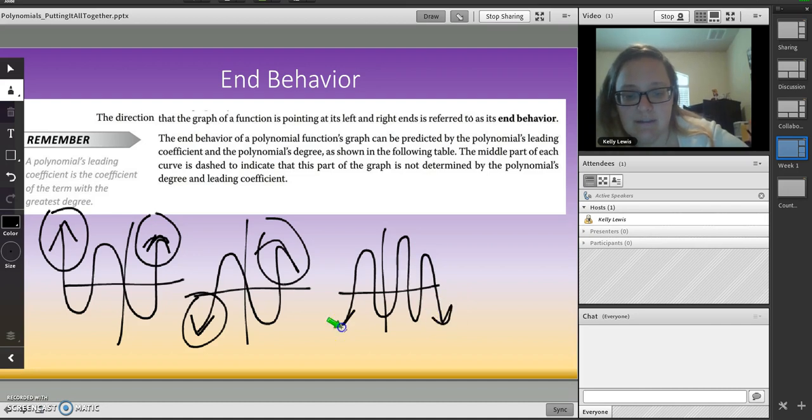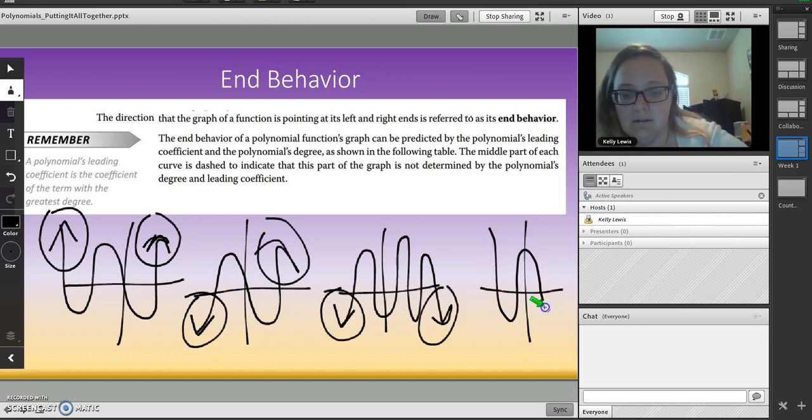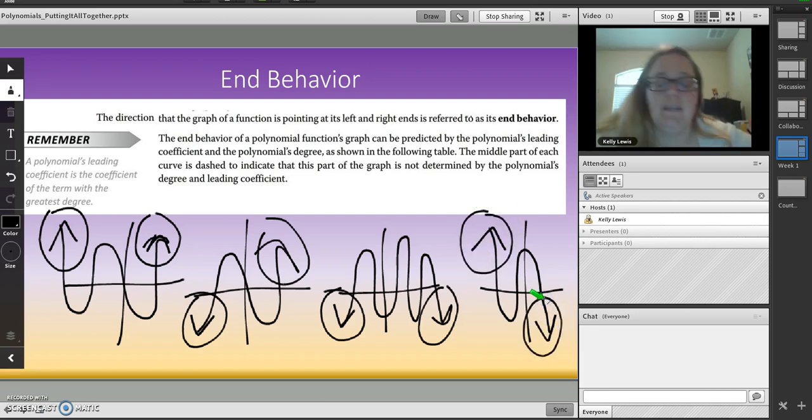You could have something like this, where it goes down and then down. You can have something like this, where it goes up and then down. So that's what the end behavior is. What does it do at the end of the function, the polynomial?